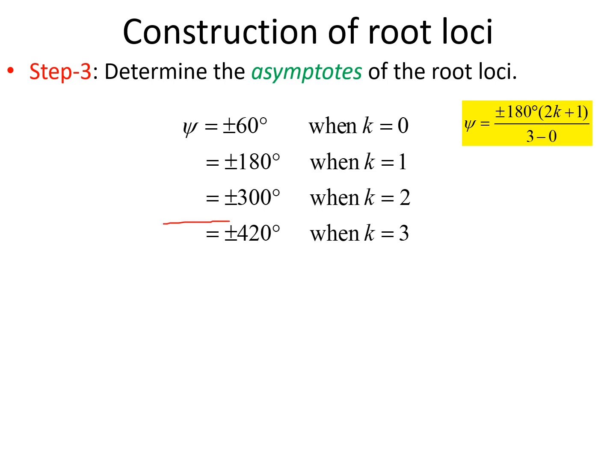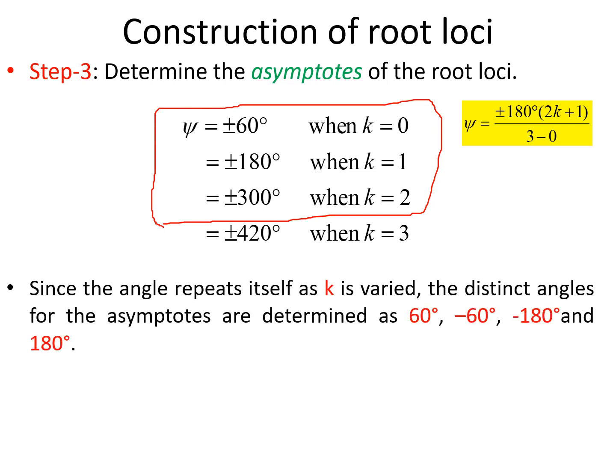Actually you have to stop at this point itself, so do not take the fourth value, you can stop at the third value itself. Since this angle is getting repeated after 360 degrees, you can neglect it and stop. So usually the hint is, however much your p minus z is, that many angles you must determine.